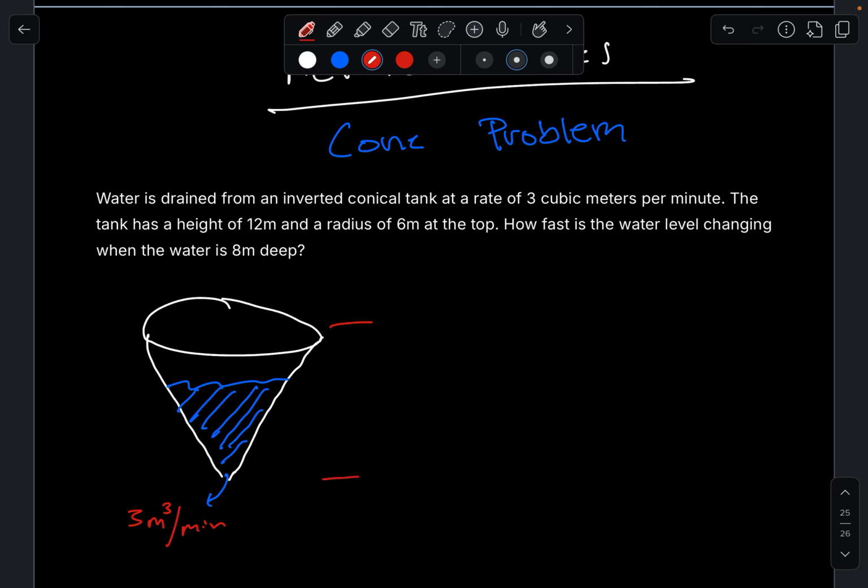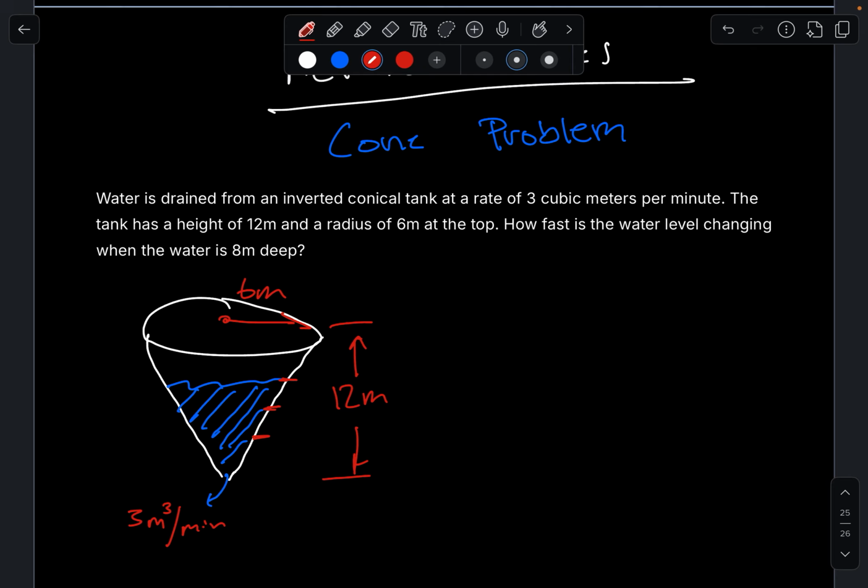We have the height of the cone tank is 12 meters and the radius is 6 meters at the top. So how fast is the water level changing? So what that means is, what is the rate of change of the height of the water as it goes down?